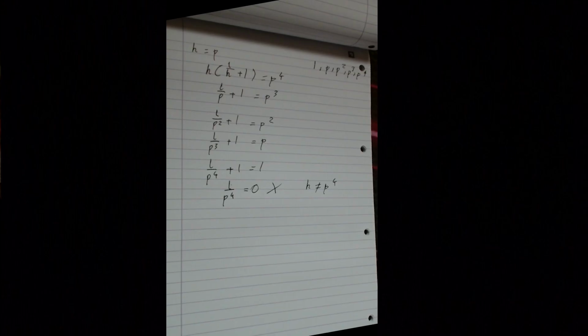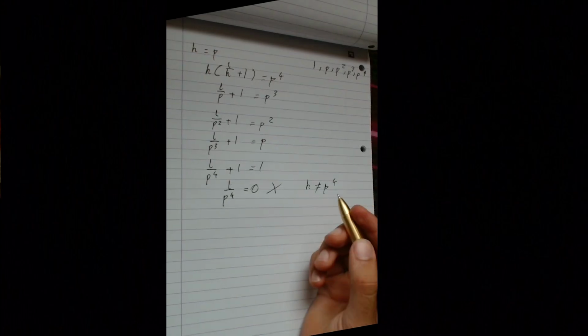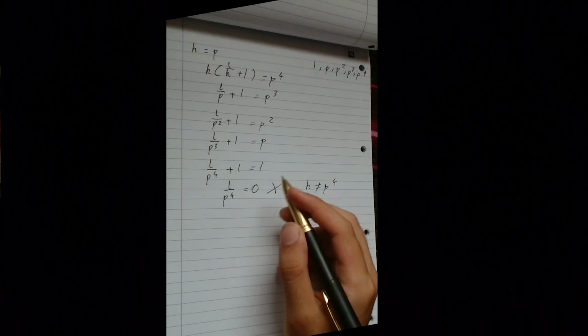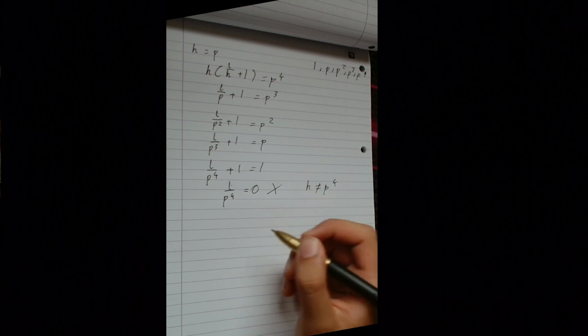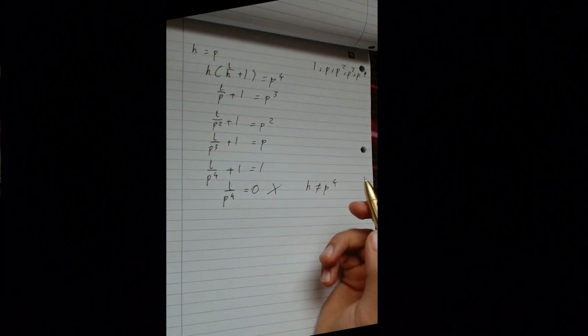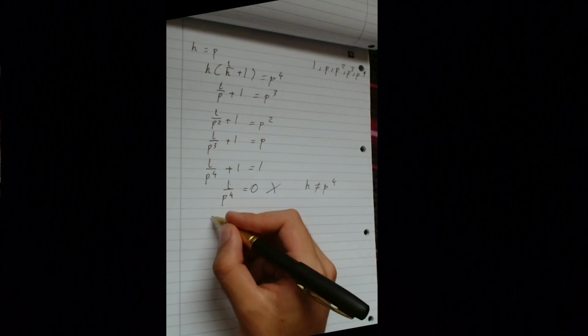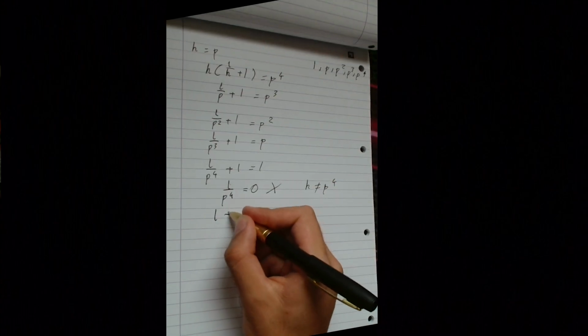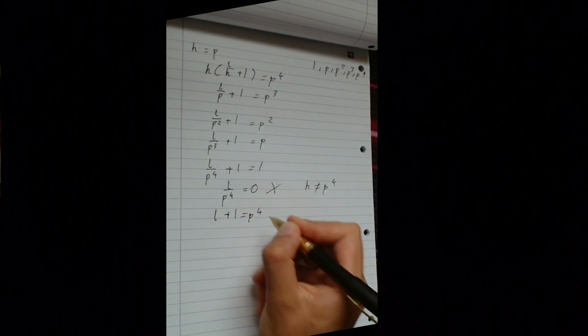Okay, well now we've got quite a lot more to work with. So for now, how are we going to work with it, right? I want to first consider that very first case where we have H being equal to 1, so the two numbers being coprime. If the two numbers are coprime, you end up with L plus 1 equals P to the 4, right?